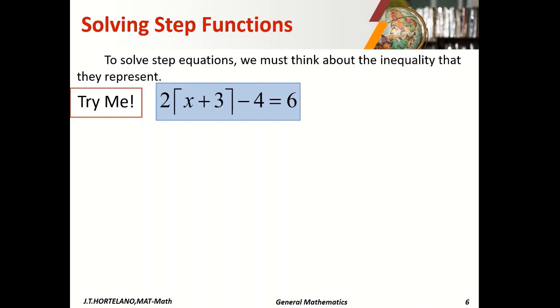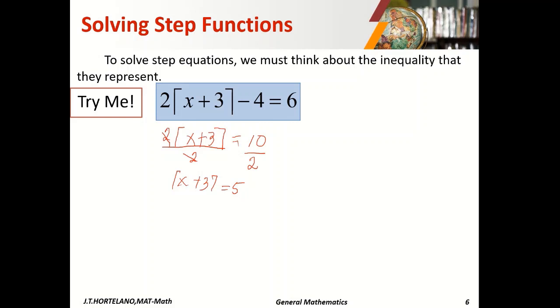Let us move the negative 4. So this will become 2 times the ceiling of x plus 3 is equal to 6 plus 4, that's 10. Now, since this is a multiplier, we can divide both sides by 2 to make it simpler. As much as possible, if we can simplify, that is what we always do. Okay, so ceiling of x plus 3 is equal to 5.